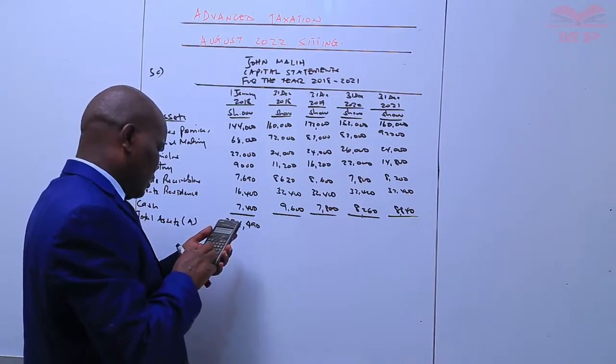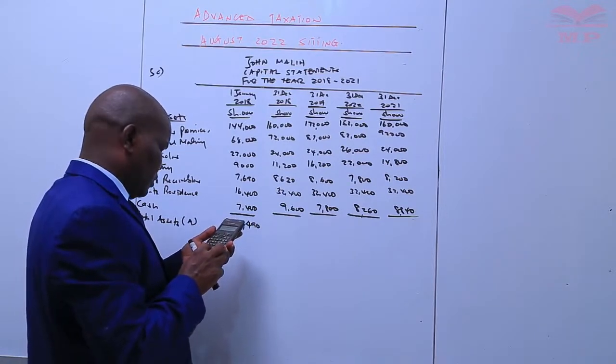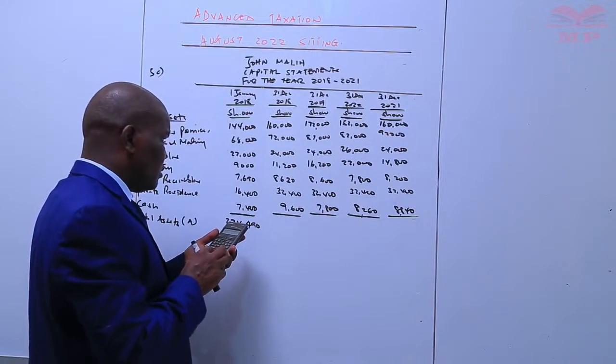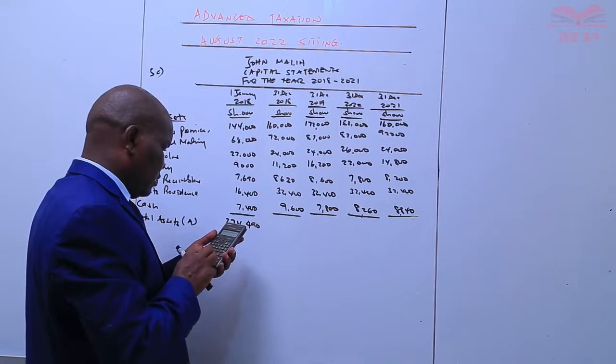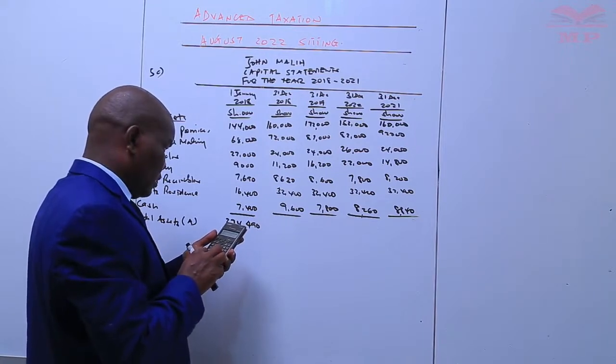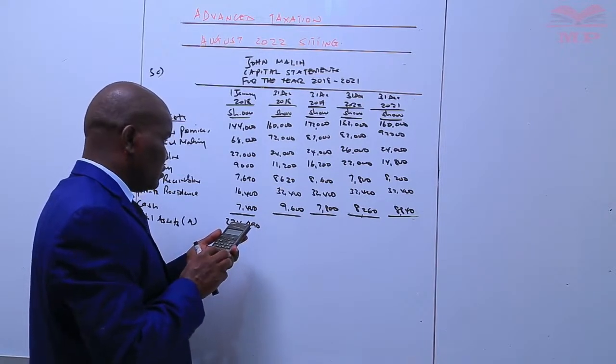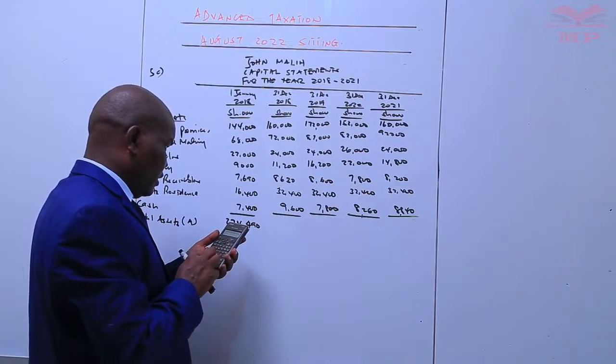2018 December: 160,000, 72, 24, 11,200, 8630, 32,400, and 9,600.